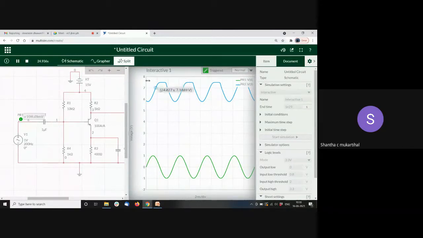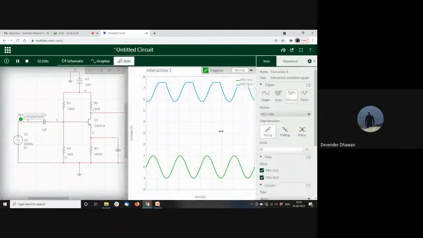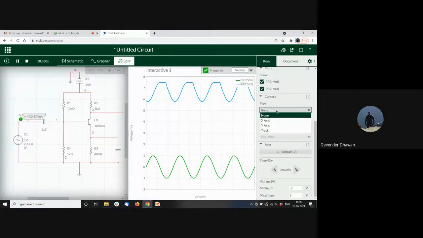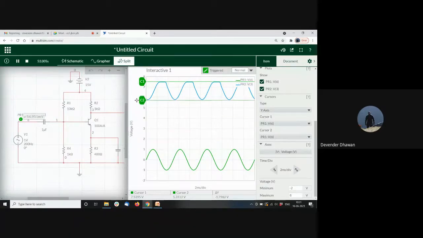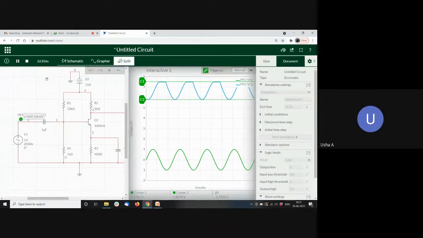What is the amplitude now, sir? Output amplitude. Okay, so that we can measure using cursors. Let's say y-axis. So if I measure this point. The waveform is clipped, so it won't give a proper output, sir. Exactly, ma'am. So it's not properly biased.